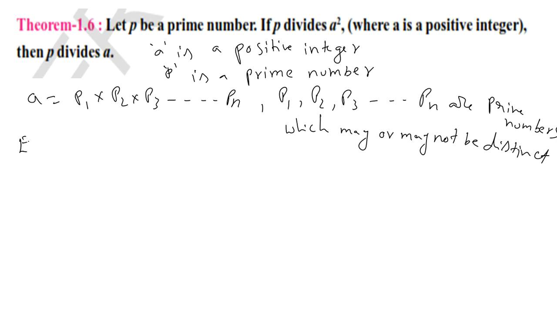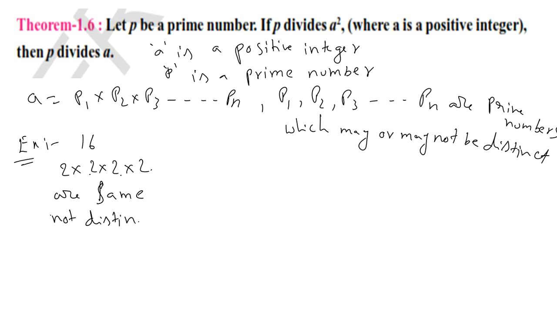So, let's take an example and I'll explain. Let me take 16. So, 16 can be written as 2 into 2 into 2 into 2. 2 2s are 4, 4 2s are 8, 8 2s are 16. So, the factors are same, which means they are not distinct.